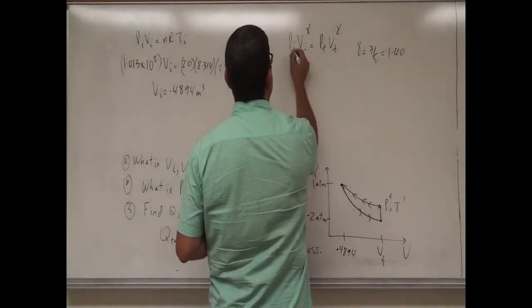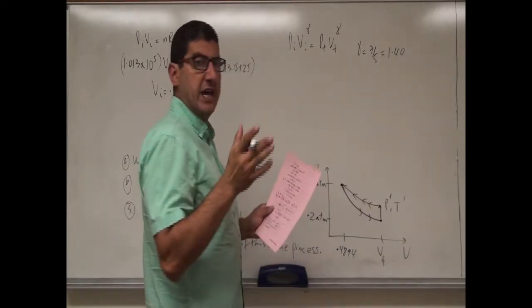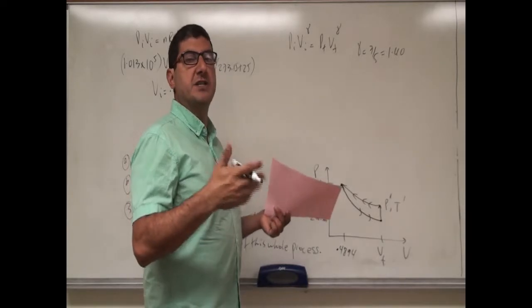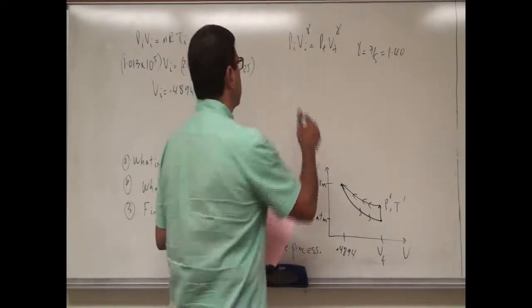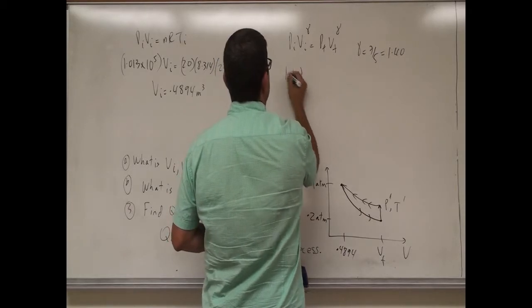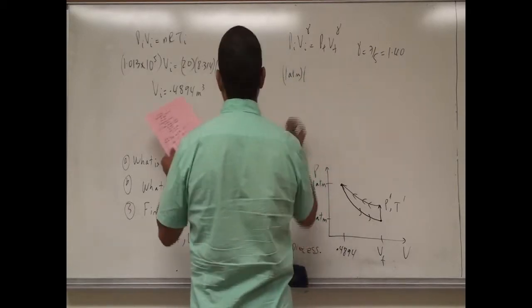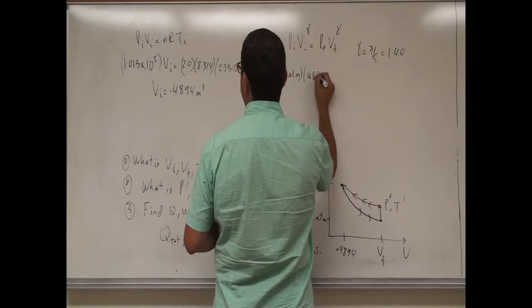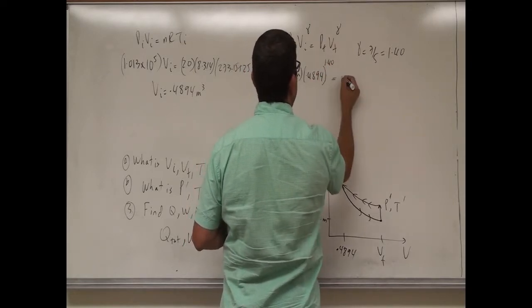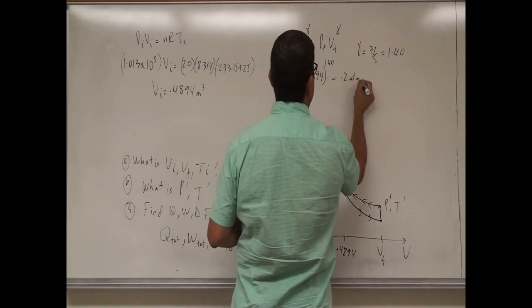So then we can say here the initial pressure. This one I don't have to convert to pascals. I can keep it in atmospheres because it is just a matter of ratio. So the initial pressure is 1 atmosphere. The initial volume is 0.4894 to the power of 1.40. The final pressure is 0.2 atmospheres.